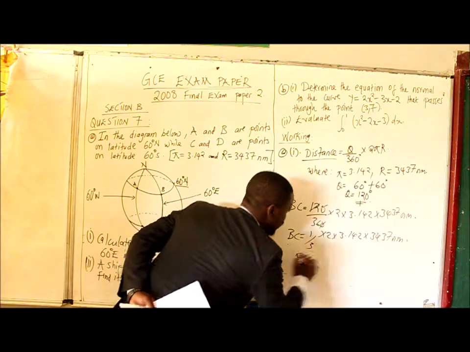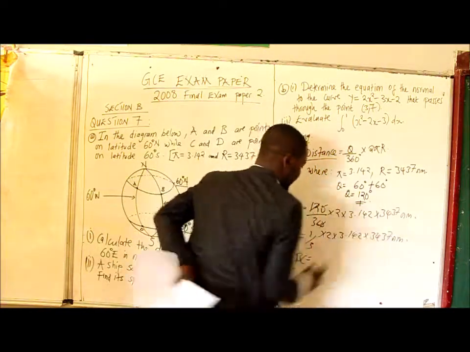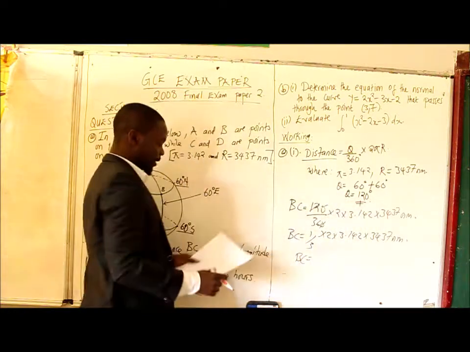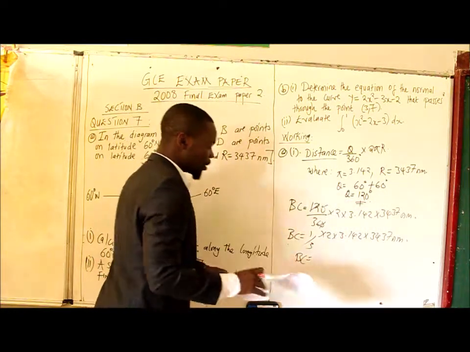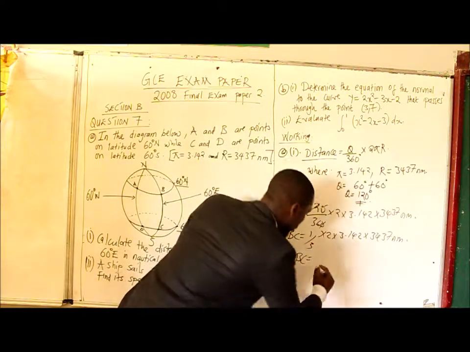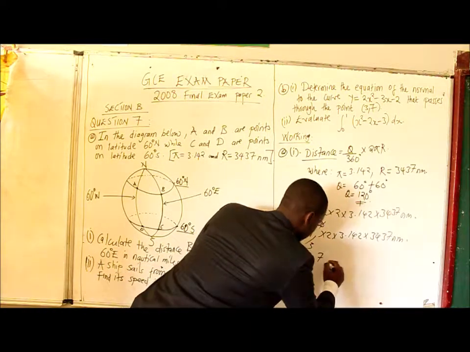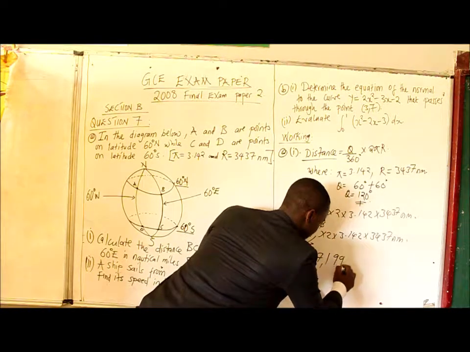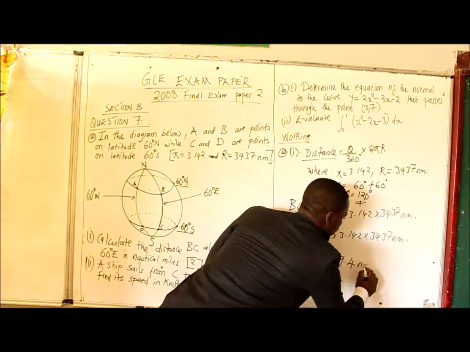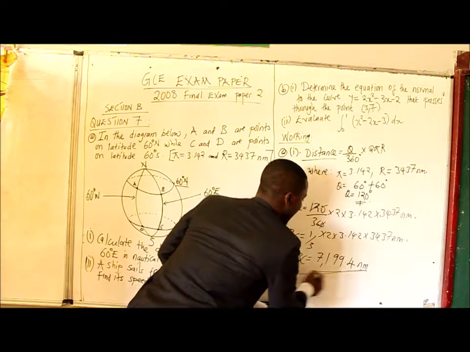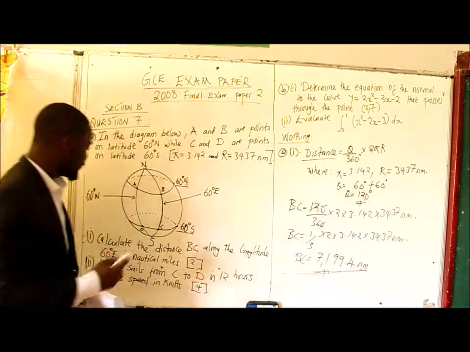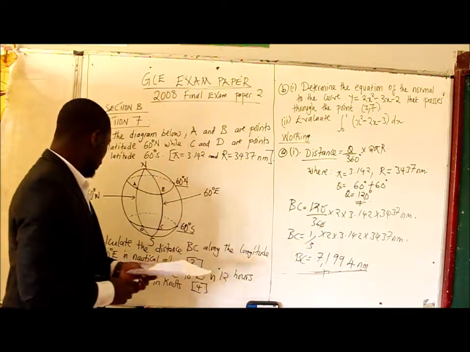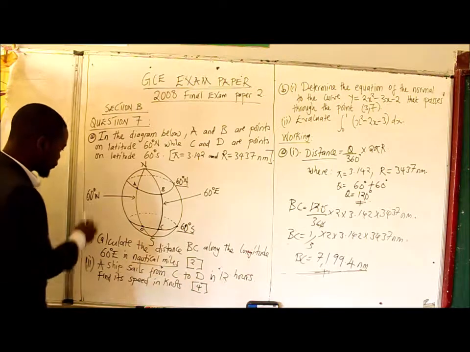So BC is equal to 1 over 3 times 2 times 3.142 times 3437, and if you use your calculator, the answer is 7,199.4 nautical miles. The question says give your answer in nautical miles, so this is our answer.